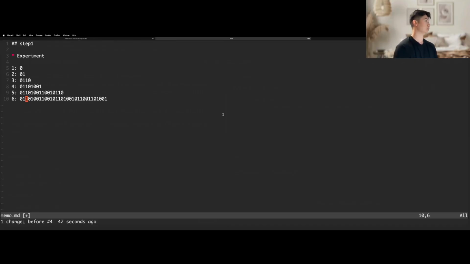Okay, so in order to know the number at this position, this value is equivalent to the value of the same position in the row before. But it depends.